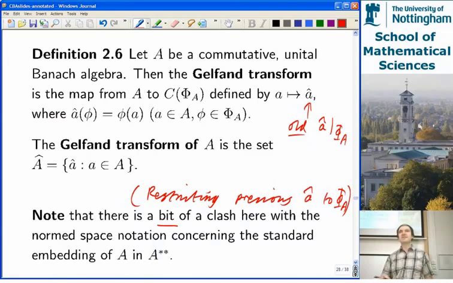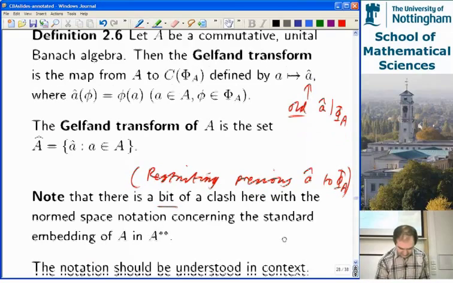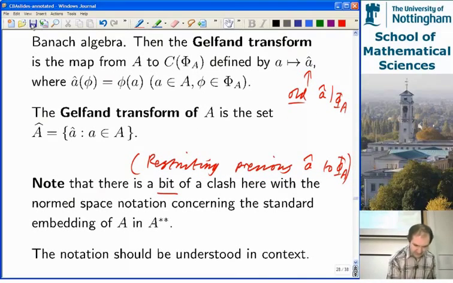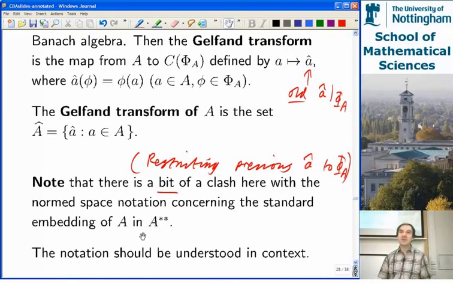But it's pretty much the same thing. So if you see a hat, you need to work out whether you're talking at the moment about embedding A in A double star, or whether you're talking about commutative Banach algebras and finding a continuous function defined on the character space.